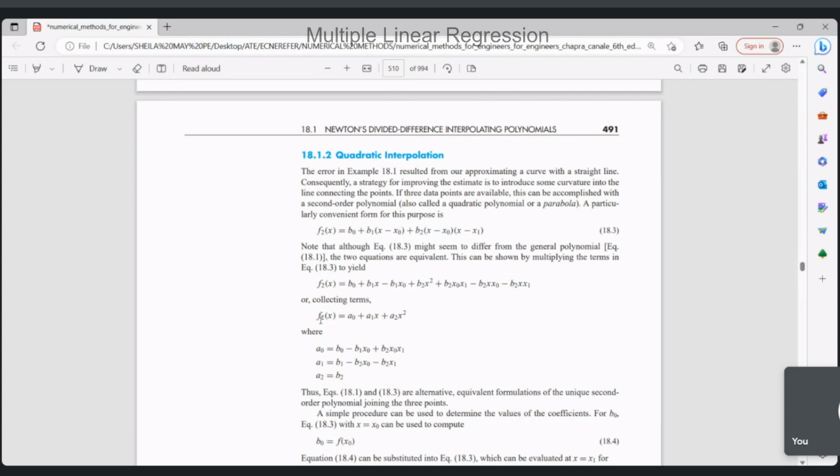Or it's the same for this f2x, sorry, f2x is equal to a sub 0 plus a sub 1x plus a sub 2x squared, where atong A0 makuha by getting this B0 minus B1x0 plus B2x0 x1.